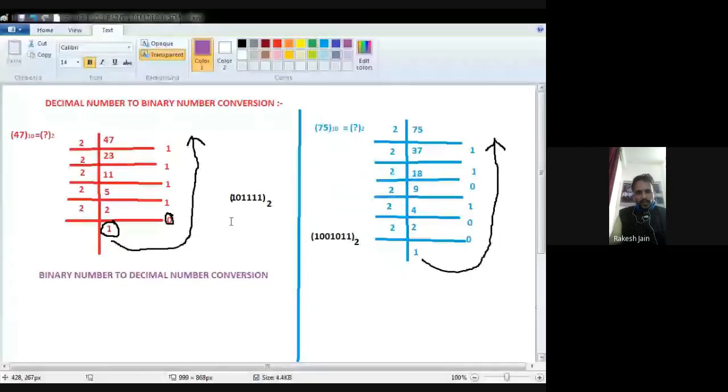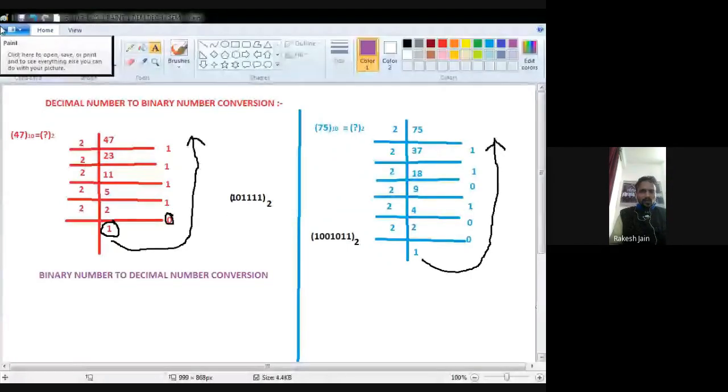Whenever we want to convert a binary number into a decimal number, at that time we follow multiplication. I have already taught you how to convert a decimal number into binary. In that case we divide the number by 2, but in the case of converting a binary number into decimal, we multiply by 2.